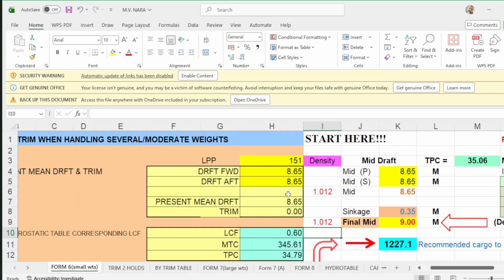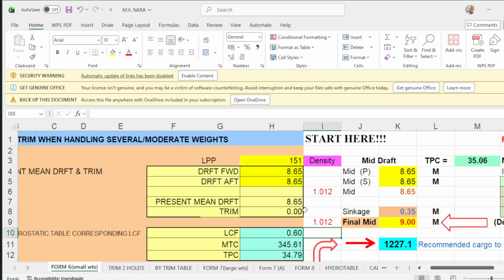When he reached this drop, the foreman will stop loading and advise the duty officer to wake up the chief officer together with the drop surveyor to make a drop reading around the vessel so that they will compute how much remaining cargo to load.